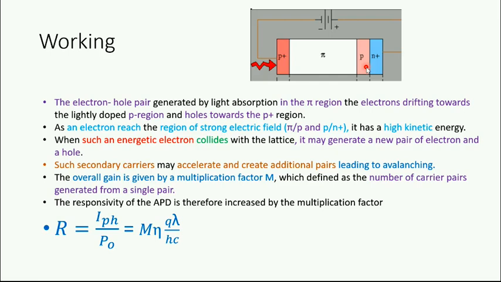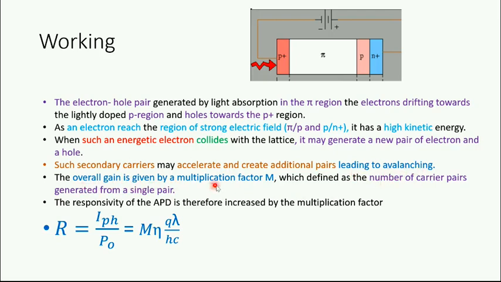Collision is the main thing. You studied in the first semester how avalanche photodiodes work. When such electrons collide with the lattice, they may generate a new pair of electrons, which again gain high kinetic energy. Again collision happens, again electron hole pairs are generated. Right. Such secondary carriers may accelerate and create additional pairs. That is called avalanching.